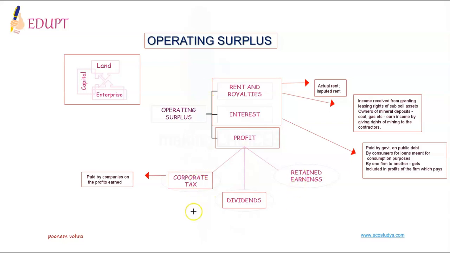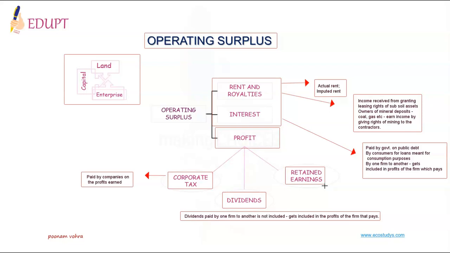But one needs to take note of the fact that dividends paid by one firm to another is not included, as these get included in the profits of the firm that pays. And third component is retained earnings. That is a part of the earnings which is retained by the companies.